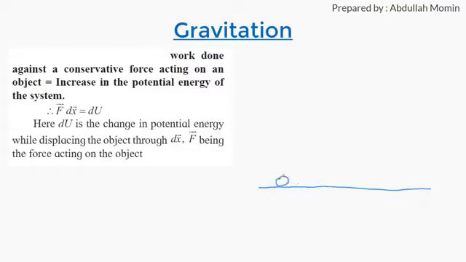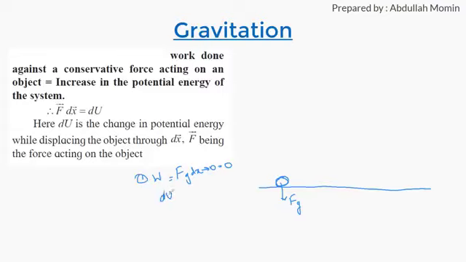The object is lying on the surface of the earth, and this object is experiencing a gravitational force in the downward direction. But if you do not displace it from its position, then there will be the force, but the displacement is zero. So we will say the work done is zero. In the first case, the work done is zero.